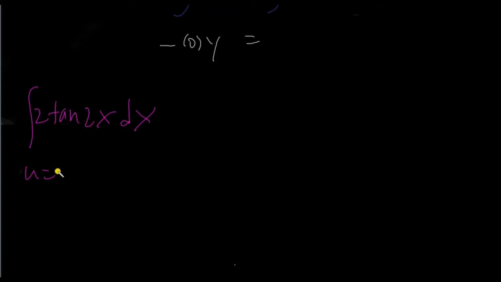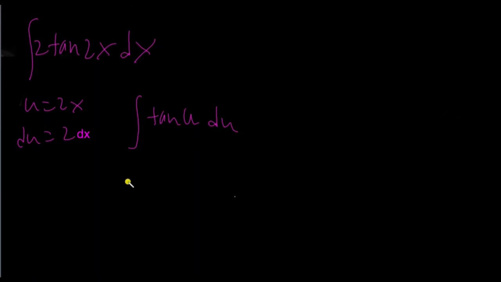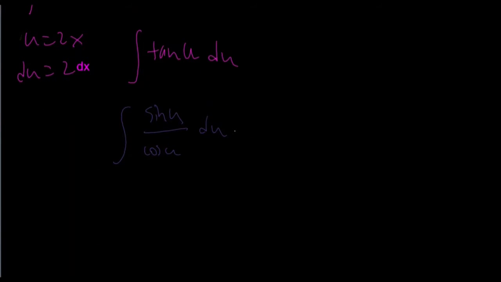We'll say u is equal to 2x, du is equal to 2 dx, so this is the integral of tangent of u du, and then we can say, alright, tangent is sine over cosine, so this is just sine u over cosine u. When you're choosing what to do for your substitution, always choose the one on the bottom, or at least usually, so we're going to choose to substitute a variable for cosine u, but since we're already using u right now, we'll use v.